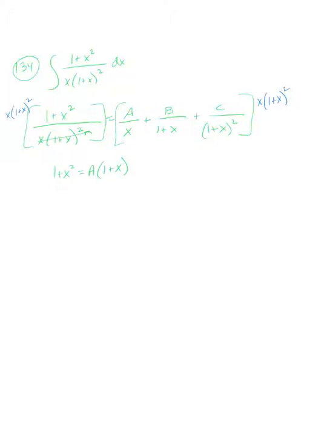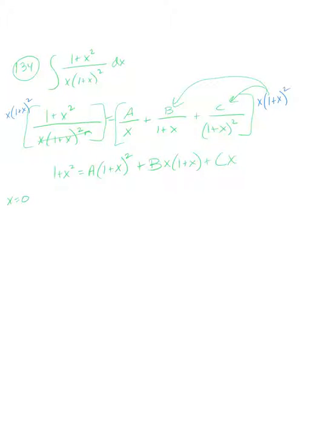So on the left, everything cancels. On the right, I have a times 1 plus x squared. And then when I distribute to b, one of the 1 plus x's cancels, and I have bx times 1 plus x. And then when I distribute to the c fraction, I get cx.